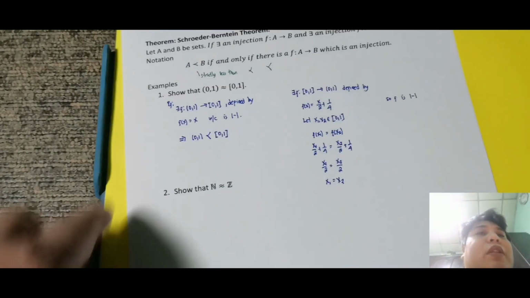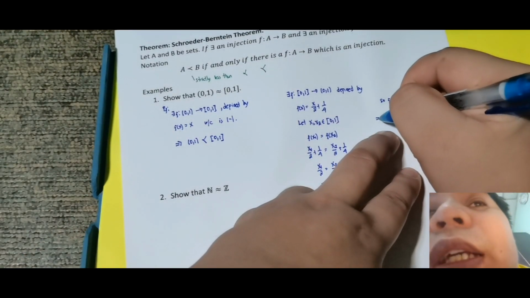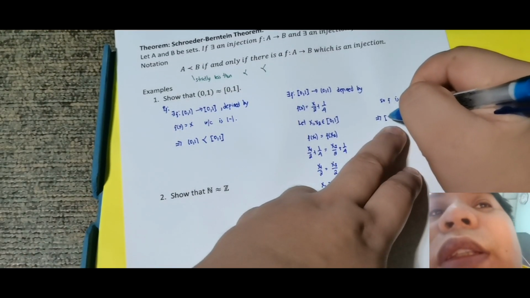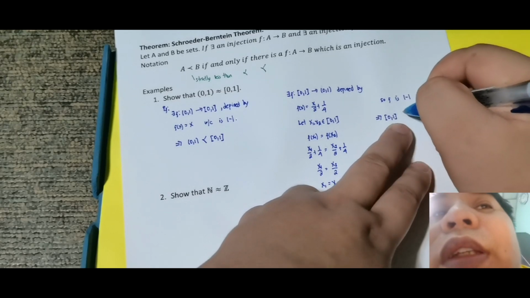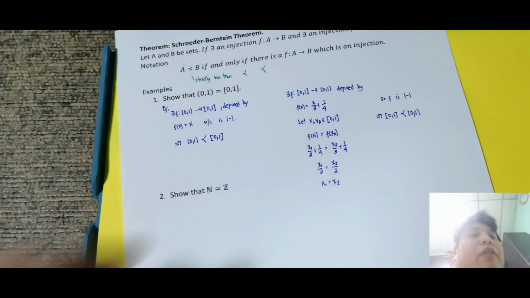So, since f is 1-to-1, by this notation ulit, we can say that this implies that the interval [0,1] is strictly less than or equal to the open interval (0,1).